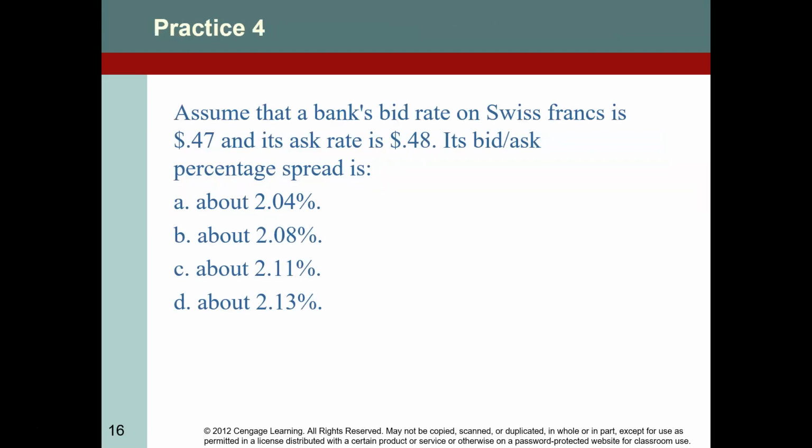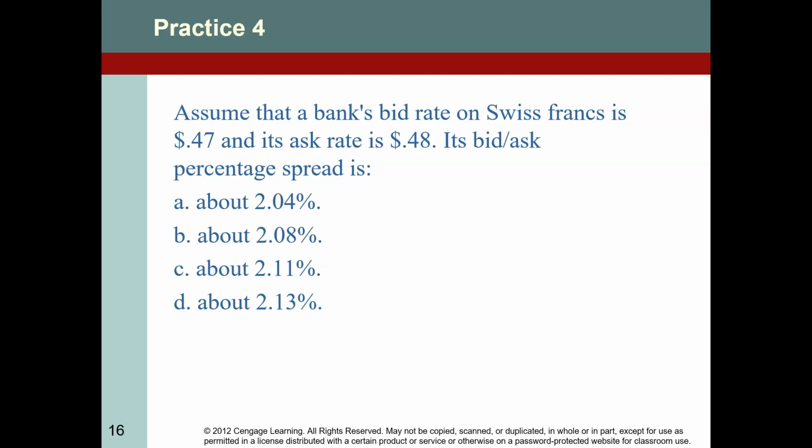Question. Assume that a bank's bid price on Swiss francs is 0.47 and its ask rate is 0.48. Its bid-ask percentage spread is which one here? You could bring out a pen and paper.